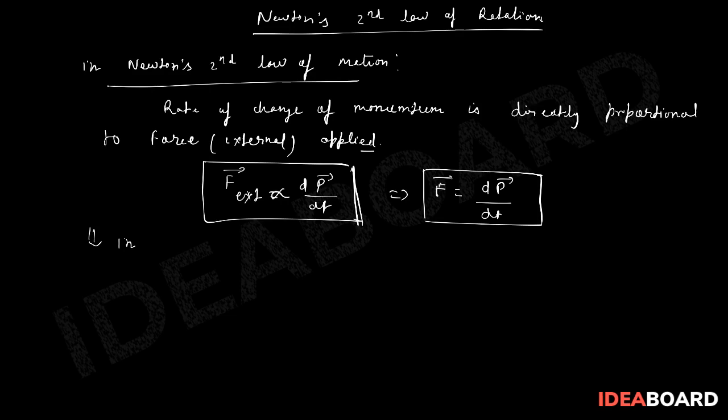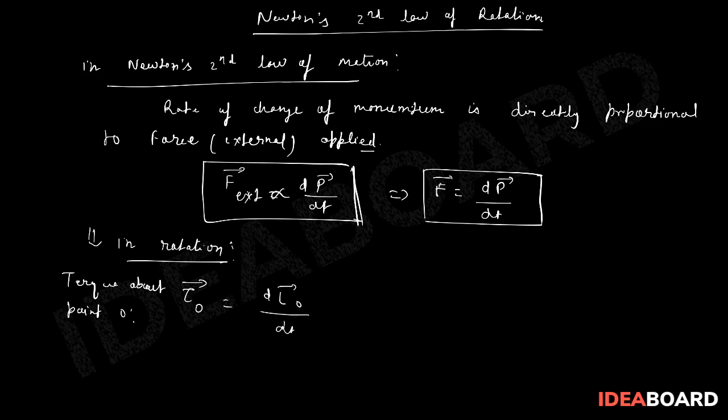So in rotation, we know that instead of force, torque is a much more important quantity, and that too about a particular point O. So torque about point O will be dLO by dt.